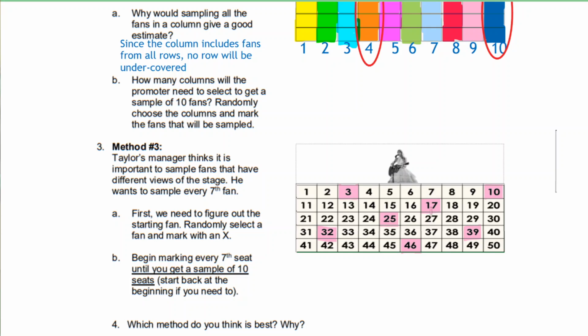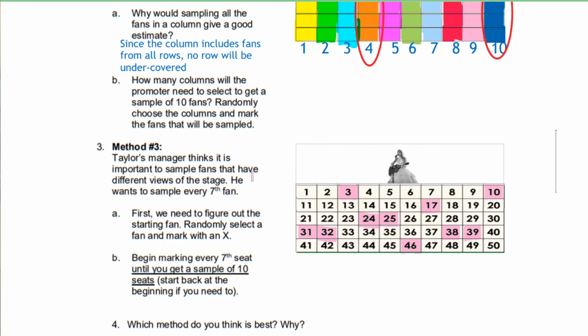We need 3 more seats. 17 plus 7 is 24. We need 2 more seats. 24 plus 7 is 31. We need 1 more seat, and that's going to be 31 plus 7, which is 38. So every 7th seat, and we start at the top when we need to.